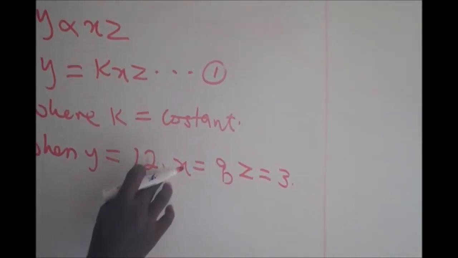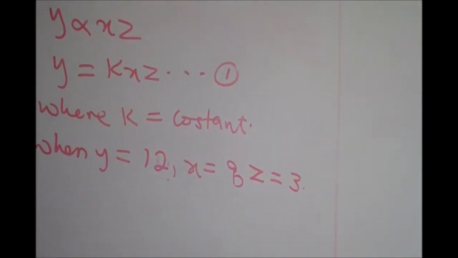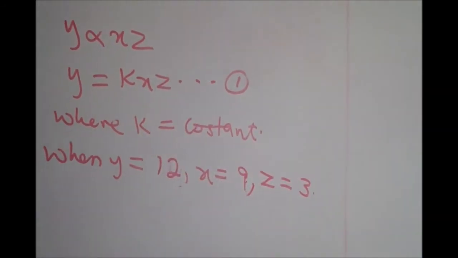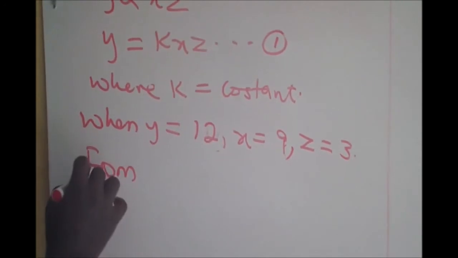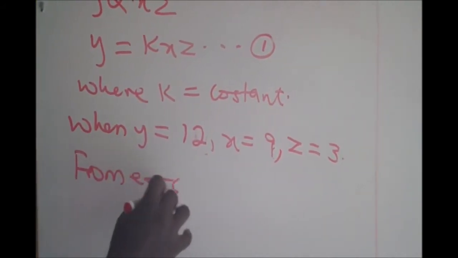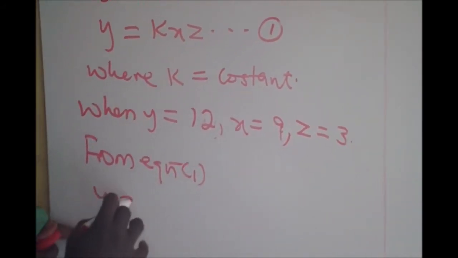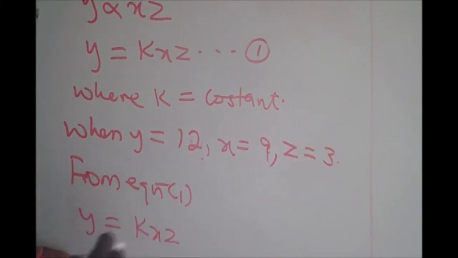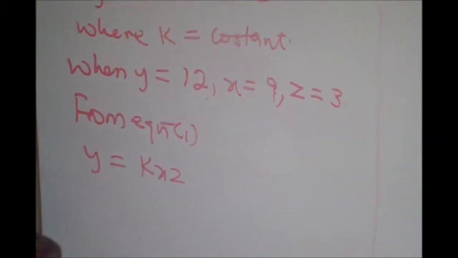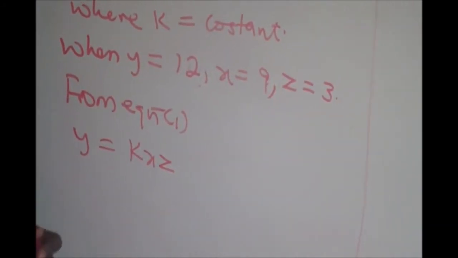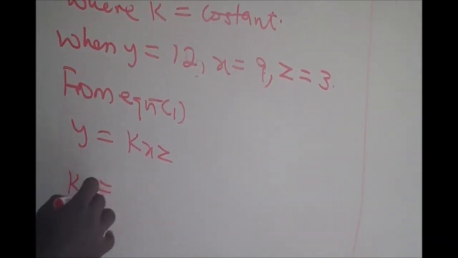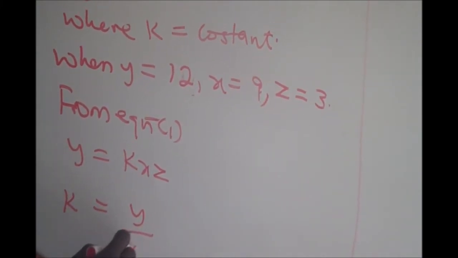Here let's find the constant of proportionality, which is k. From equation 1, y equals kxz. Because I want to make k the subject of the formula, we divide both sides by xz, and we will have k equals y over xz.